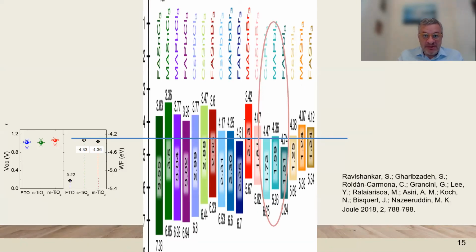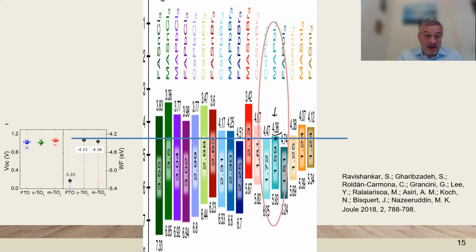Here is a final example in which we have a MAPI solar cell indicated here. The conduction band is at 4.36 electron volts below vacuum, and we are using contacts of TiO2. The energy levels are very well aligned to the conduction band of the MAPI here.